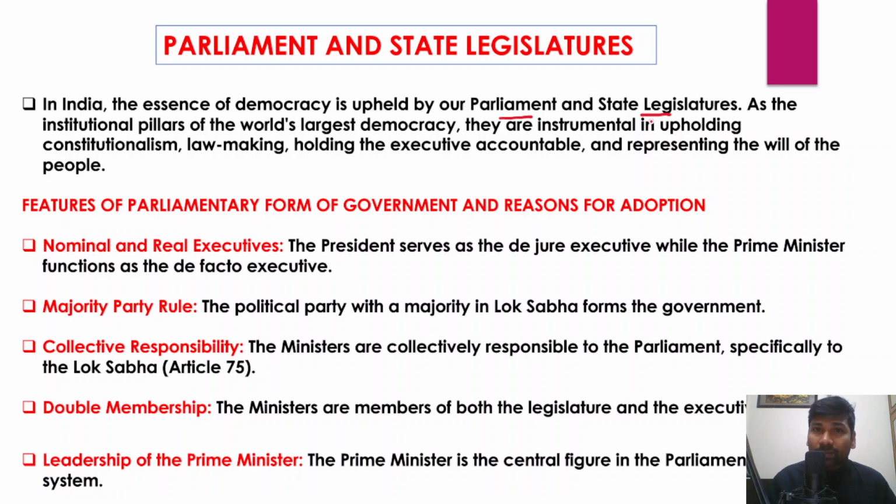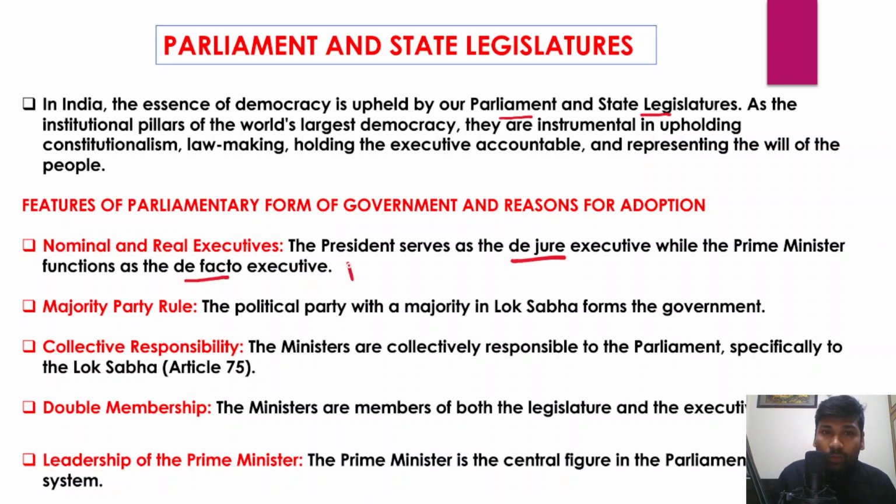The prime minister is also known as the head of the government, and the president is known as the head of the state. In this context, the president serves as a de jure executive, which also means a nominal executive. On the other hand, the prime minister functions as a de facto executive, or a real executive.